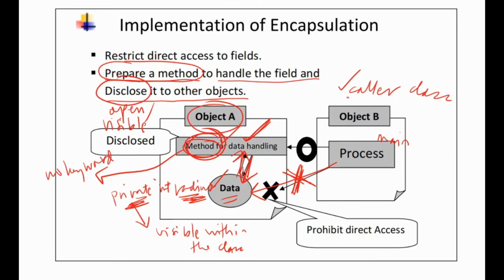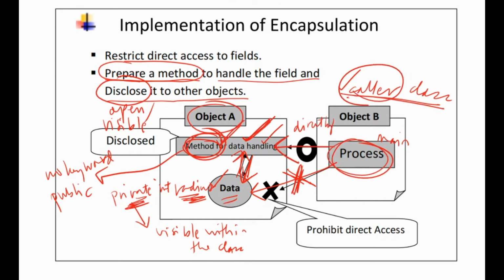If you want this to be visible outside of the package, visible in other packages, then you use the public access modifier. Once this is available, then the caller process will call this method, which will be the one to handle this private data. So it's like this caller process is still able to access the private data, but in an indirect way. So this caller process channels to this method, which has the only access to this private data.